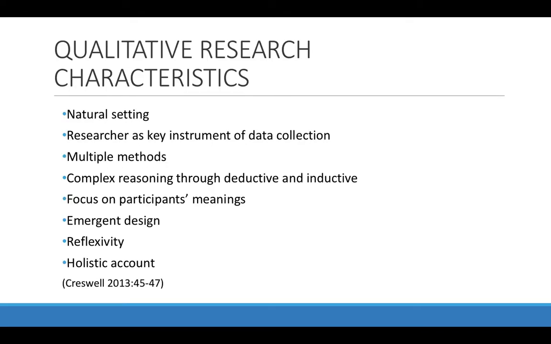So the nature of qualitative research characteristics are these things. It requires a natural setting. Why? Because sometimes the informant is quite stiff, or there is a social desirability issue when you want to interview them, when you want to gather some data. So if you call them into your lab, sometimes they try to withhold some information.